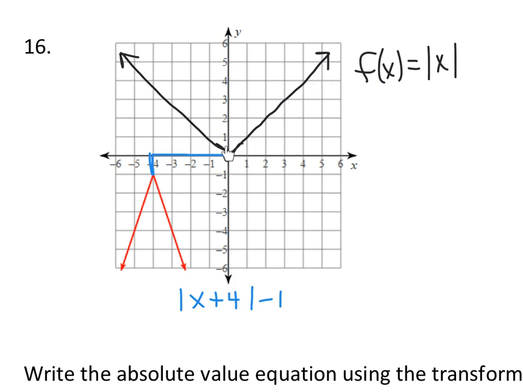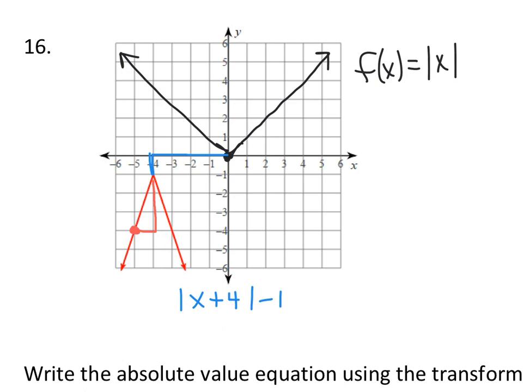So there must have been some kind of stretch or compression. So what I want to do is look to see how far up and over I need to go before I get to my graph again. Now you'll notice in the parent function we go up 1, over 1. So we have what we could call a slope of 1. So let's see what happens with the red one.